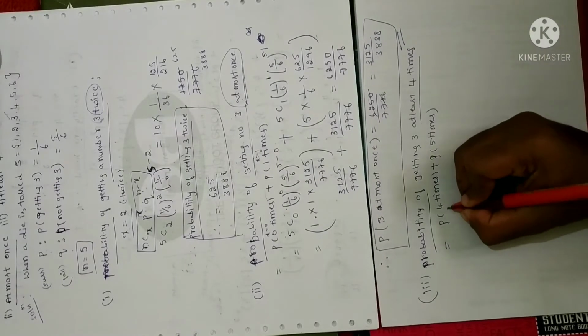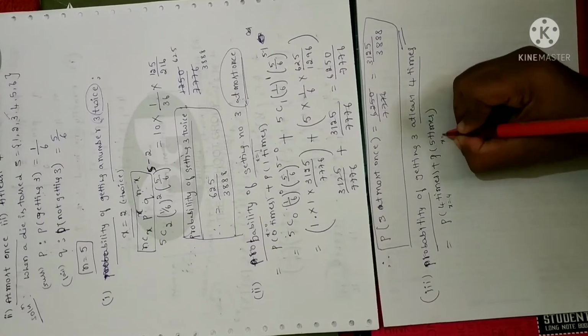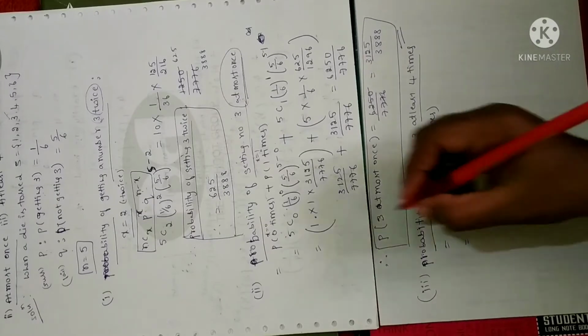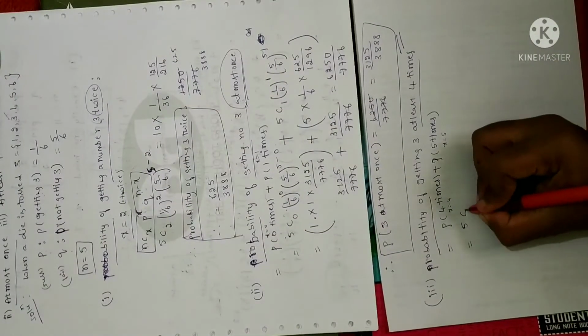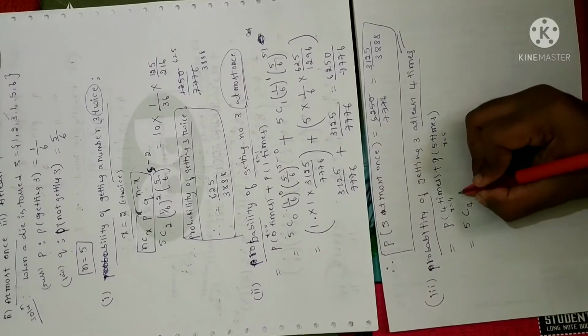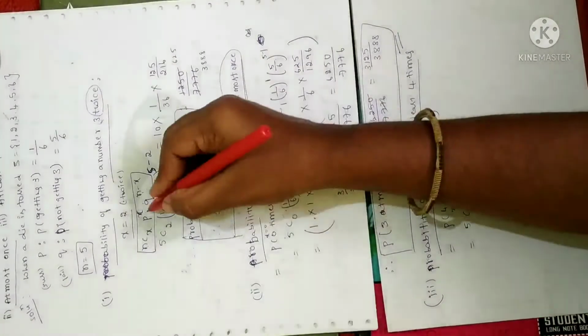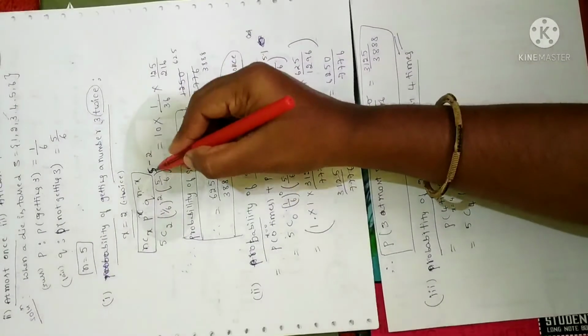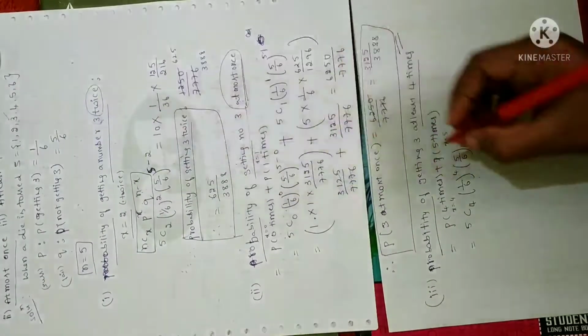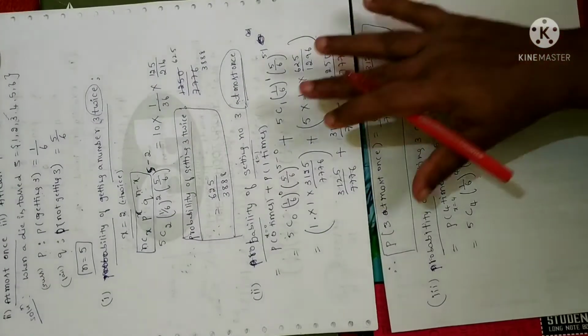So when 4 times, x is equal to 4, 5 times in the sense x is equal to 5. So rest of the thing is same. You have to substitute in the formula. It is given by n is 5, c x is 4, p is 1 by 6, whole power of x is 4, into q is 5 by 6, n is 5 minus 4, x is 4.